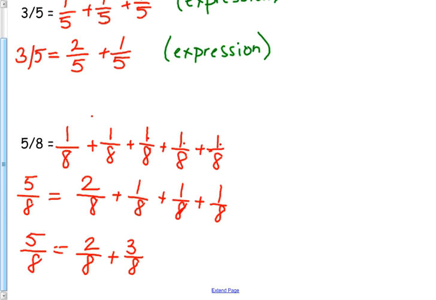So your challenge is to come up with at least one more way to represent 5/8 using either unit fractions or a combination adding together those unit fractions, just like I showed in those 2 examples. So take your time and good luck.